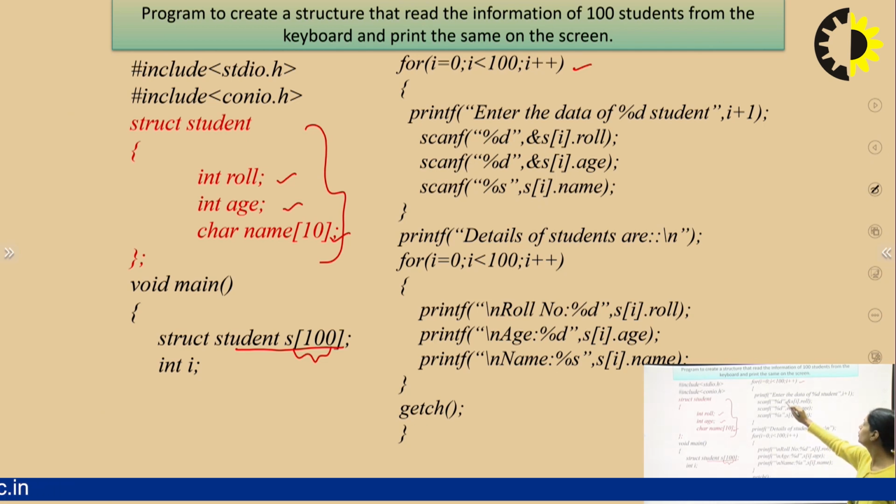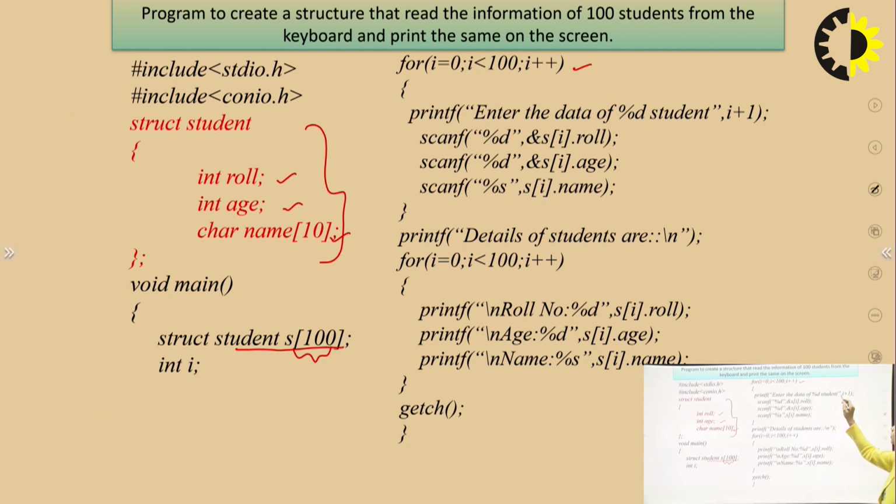So, in the for loop, we'll ask the details of the student, Si.roll number, Si.age and Si.name. So, in Si.roll number, the user will be inputting the roll number, the age and the name of the student. So, this is how the values are inputted. Same goes with the displaying. So, again, we'll be using a loop and all the Si.roll number, Si.age and Si.name will be displayed.